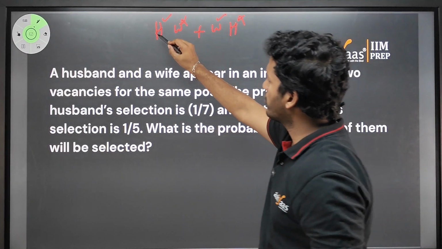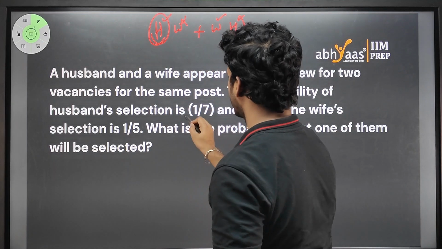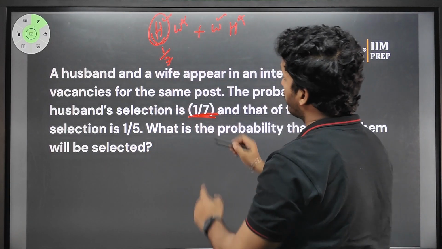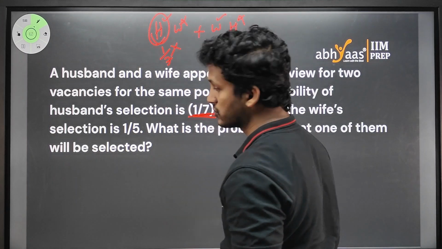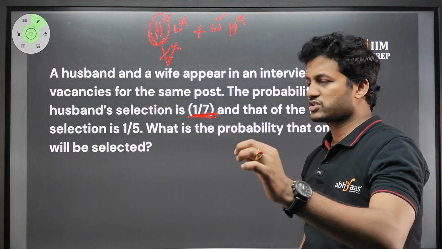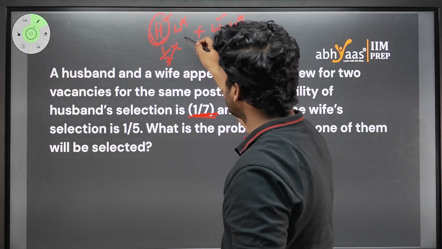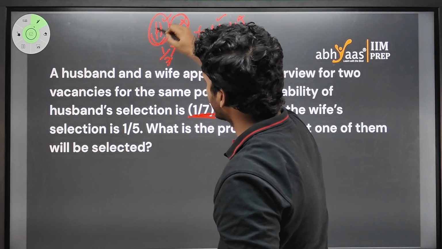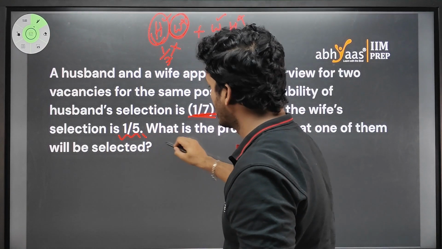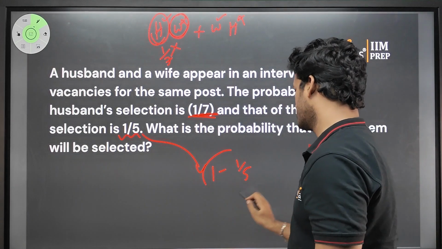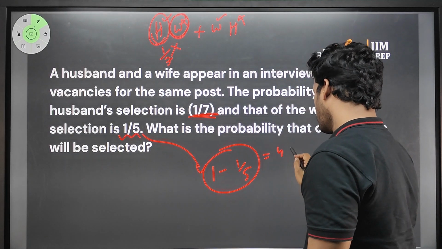What is the probability of the husband getting selected? It is 1 by 7. Then the wife should not get selected; that is a compulsory condition. Whenever we need a compulsory condition, we multiply. So 1 by 7 into the probability of the wife not getting selected, which is 1 minus 1 by 5, as in the previous problem. So it will be 4 by 5.